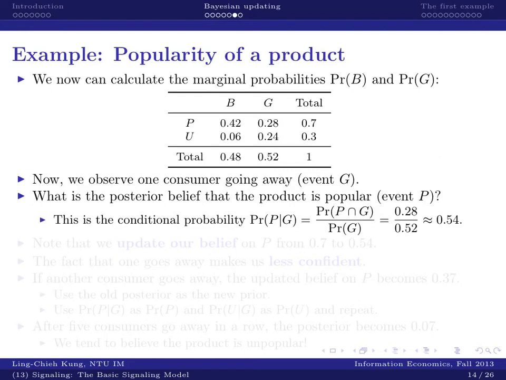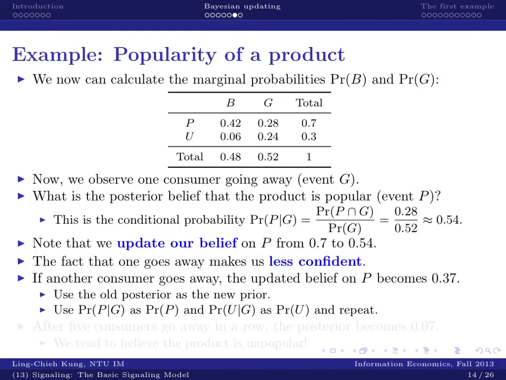So when we are asking for posterior beliefs, we are doing another conditional probability, but now we are conditioning on the observation, the experiment outcome G. We are asking whether the product is really popular.